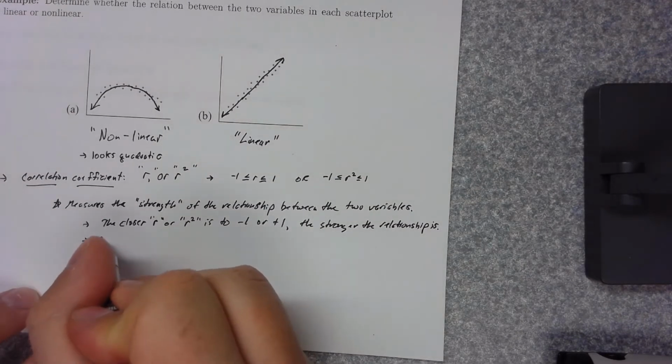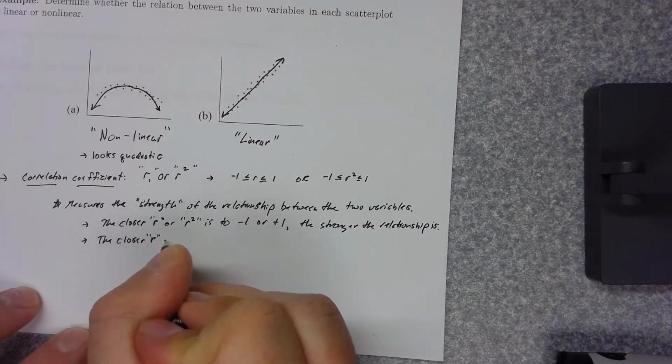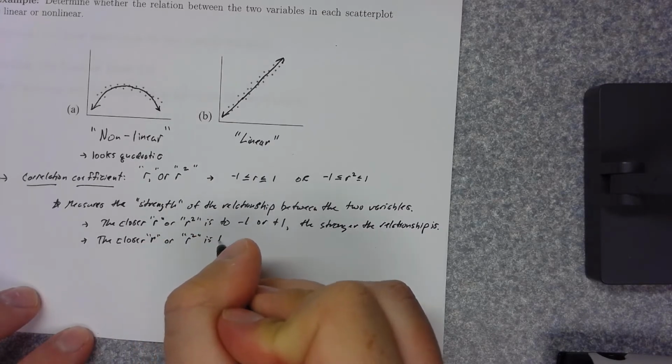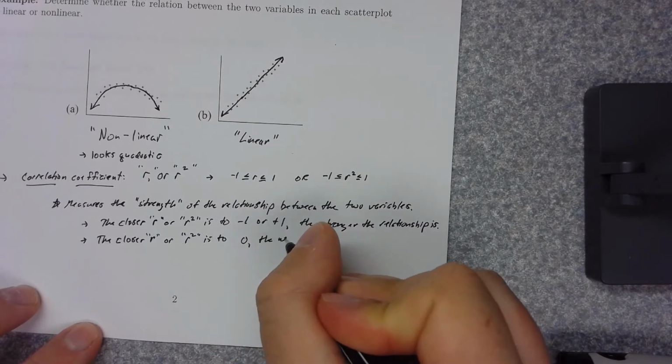And the closer R or R squared is to 0, the weaker the relationship is.